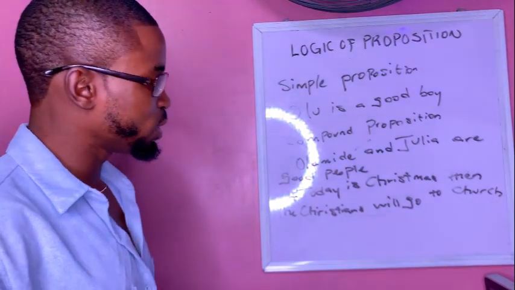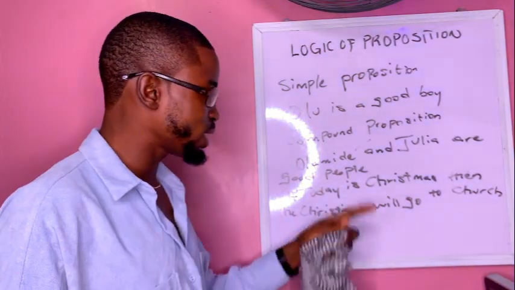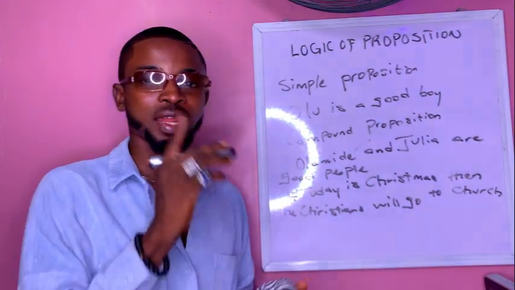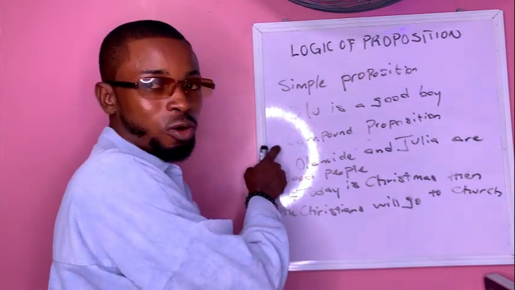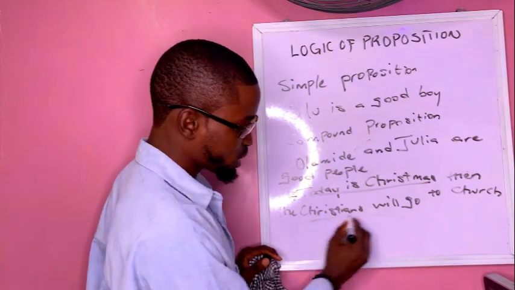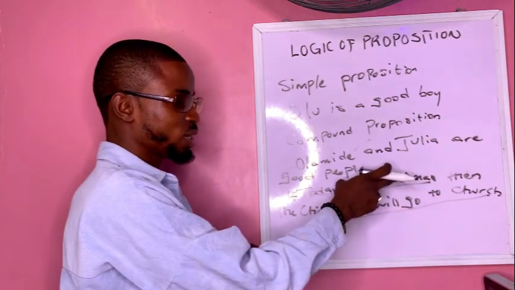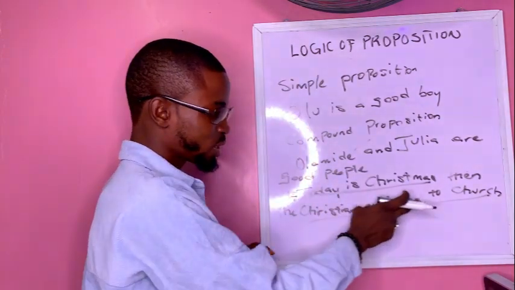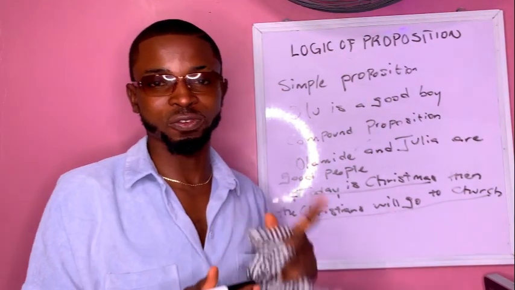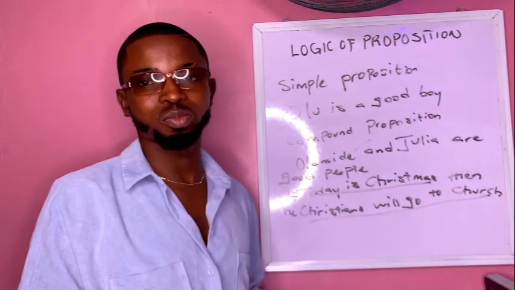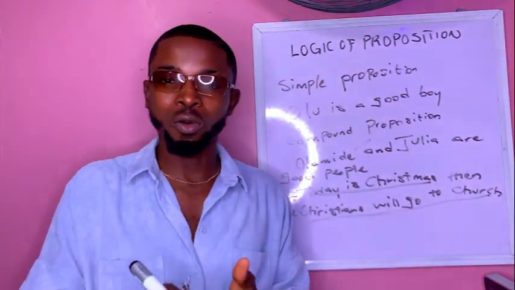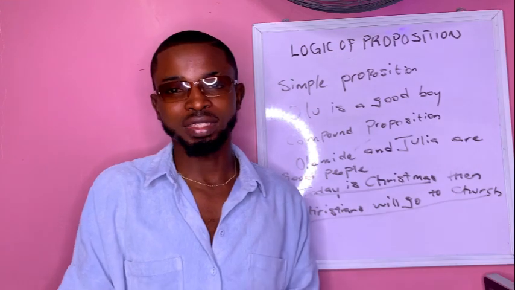If today is Christmas, then Christians will go to church. We have two different simple propositions coming together to form one. That is why they call it compound proposition. Today is Christmas is one proposition, and Christians will go to church is another proposition. So the two of them coming together to form one is what they call compound proposition. So that is why we said a compound proposition is a proposition that contains another proposition as a component.